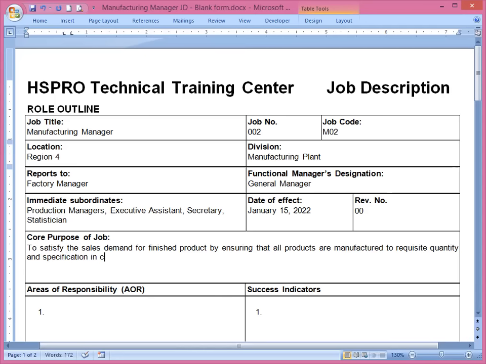Always when you're manufacturing products, always specify the cost. Very important to specify the cost. Cost effective, should be cost effective. Okay, and timely.